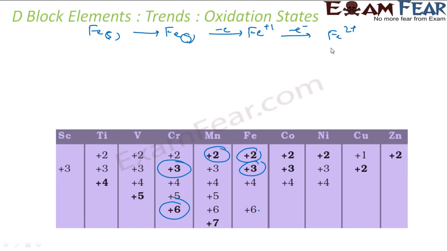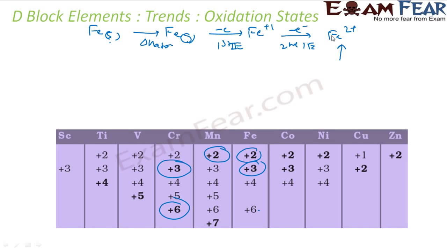Now all these energies are required, but still I say that this is more stable. Why? From iron solid you have to provide an energy here, then first ionization energy, and then second ionization energy, and then you get Fe2+. But still I see this is more stable.